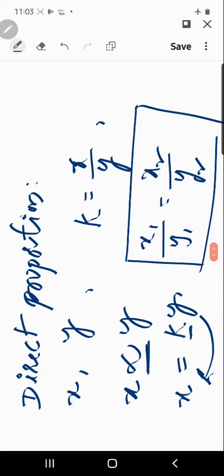Why I'm taking the constant k: we all know that if two or more ratios are equal, all ratios give the same value, the same answer, that we can take as some constant k. So this is the formula we can use for finding direct proportion kind of problems.